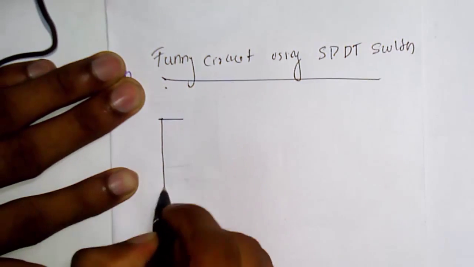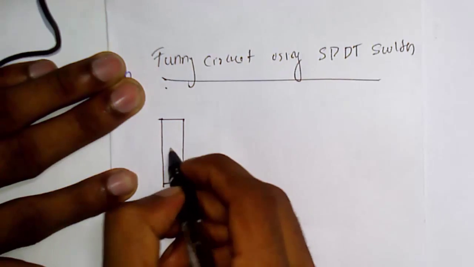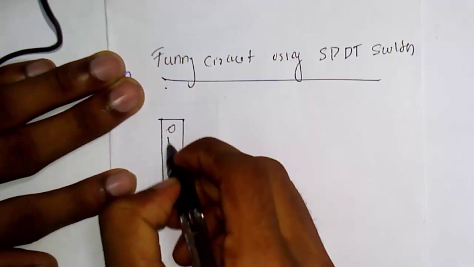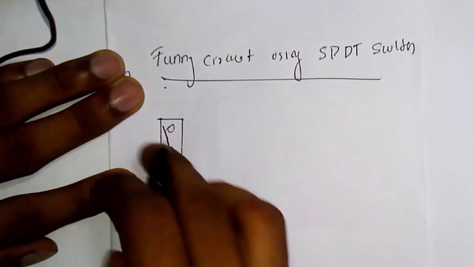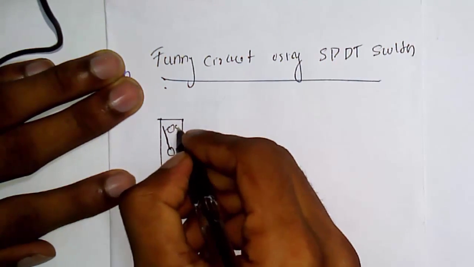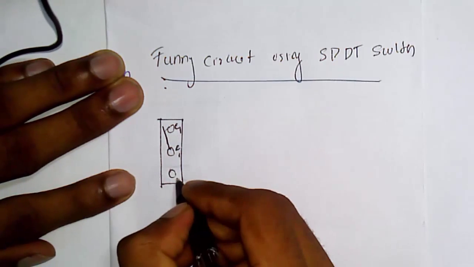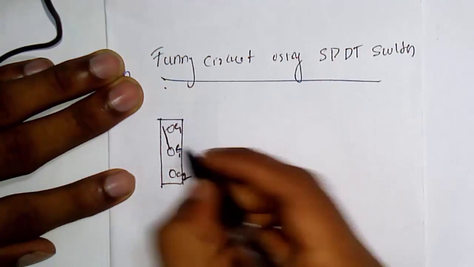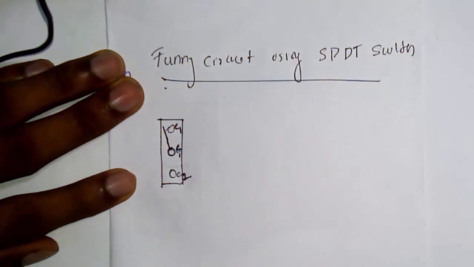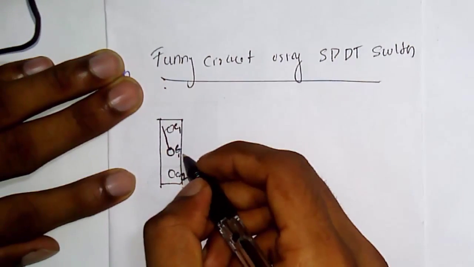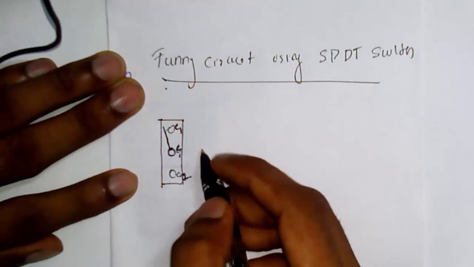This SPDT switch has three points and a single pole, and it can be thrown in two ways. This one is the common, this one is C1 and this is C2, and we can throw the common in two positions, C1 or C2. That is why it is called an SPDT switch.